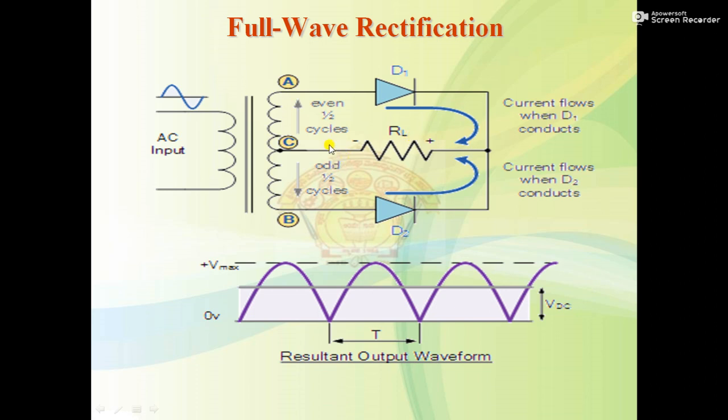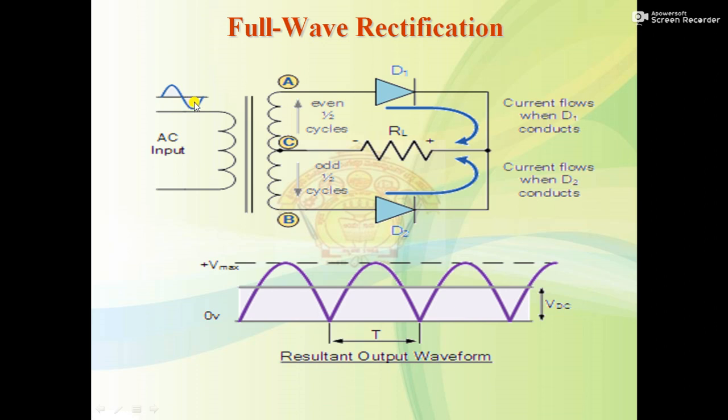At that time we can measure the output voltage exactly across the load resistor RL. This is also called a center tapped full wave rectifier circuit, because the center point of the transformer at the secondary winding is connected to the RL. It is called a center tapped transformer full wave rectification circuit.